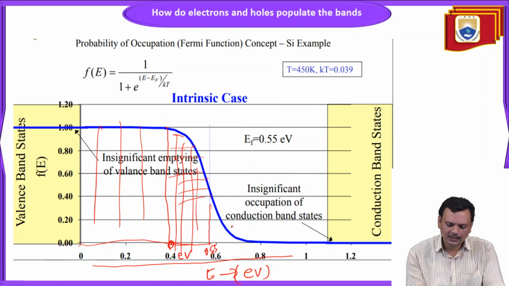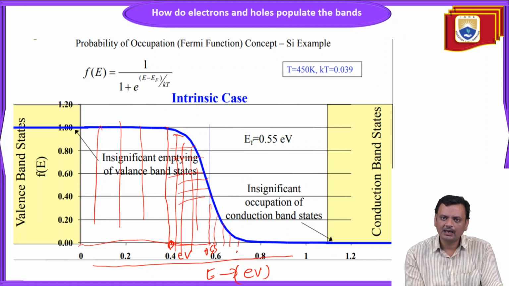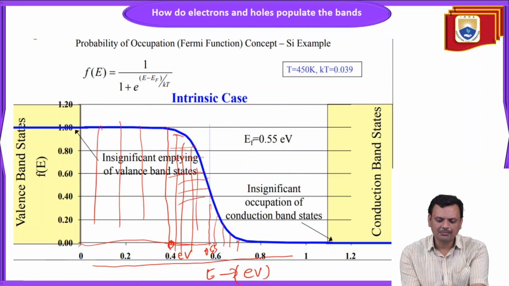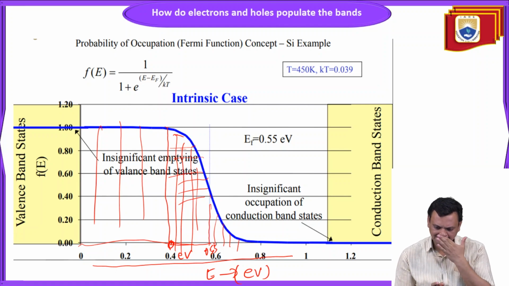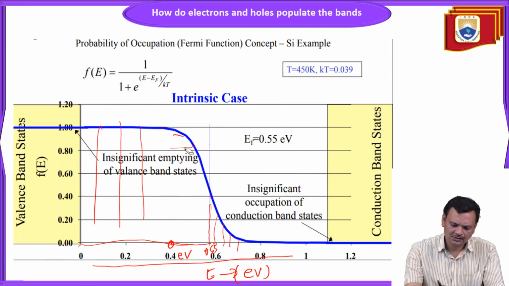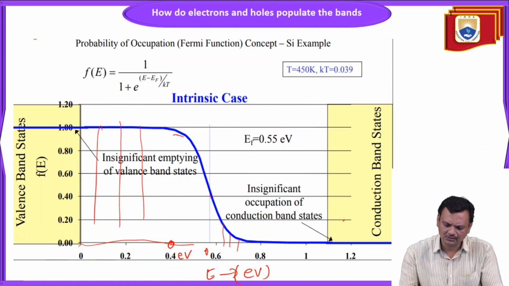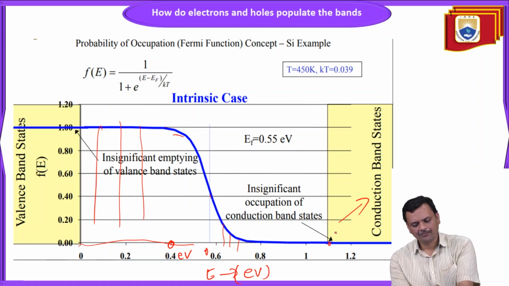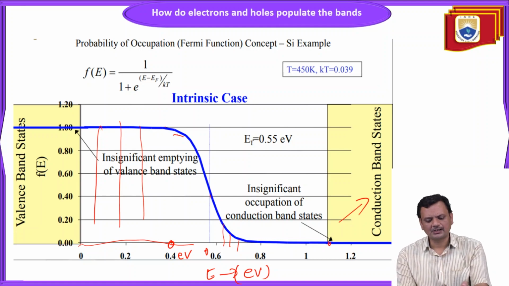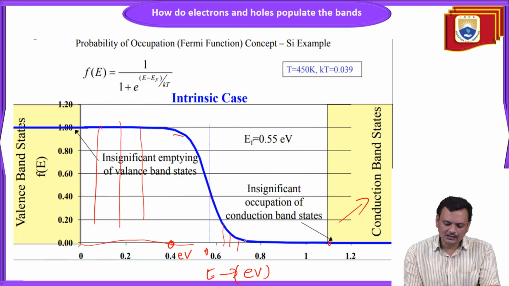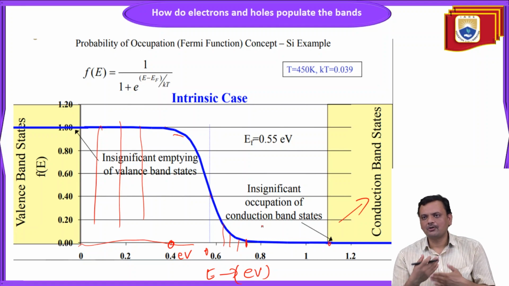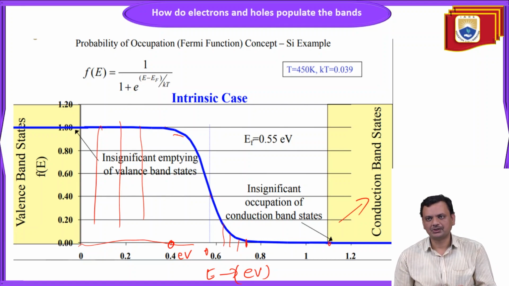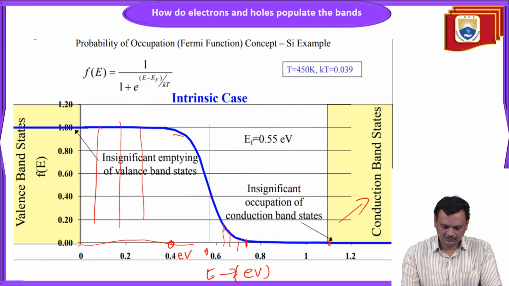And again, here you can say, if this is the part of conduction band, no, don't say this is the conduction band, because your conduction band starts from here. So even much below the conduction band, the probability for occupying the level becomes 0.